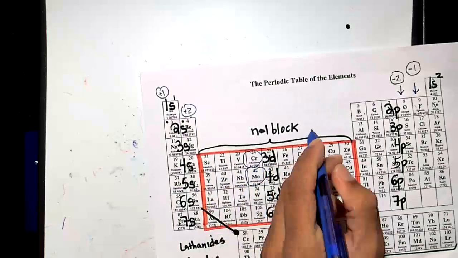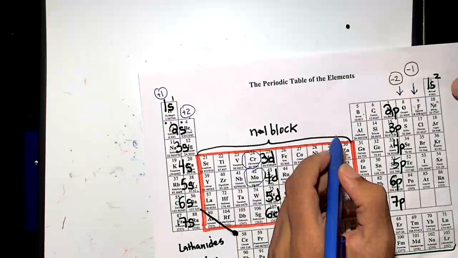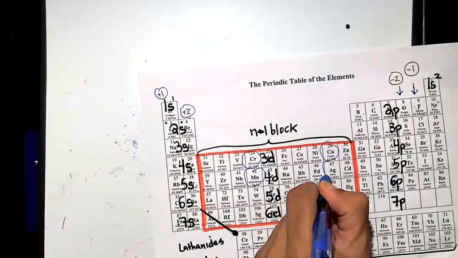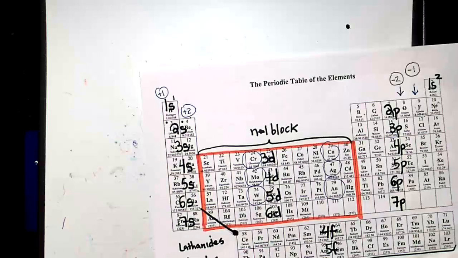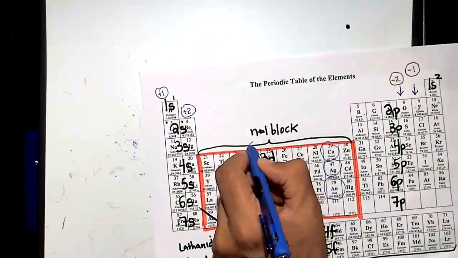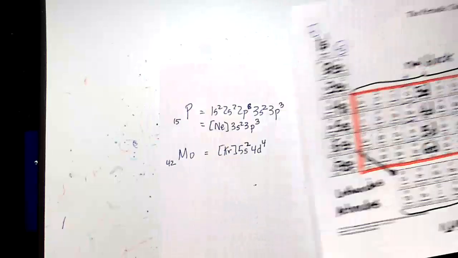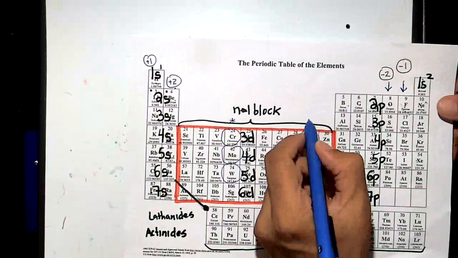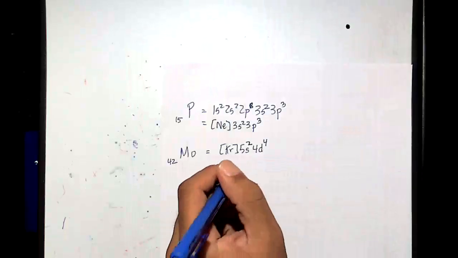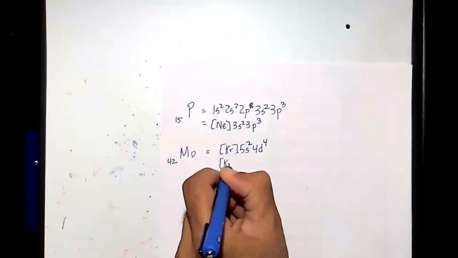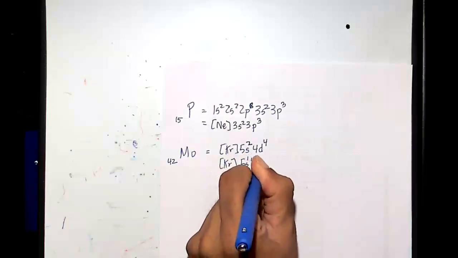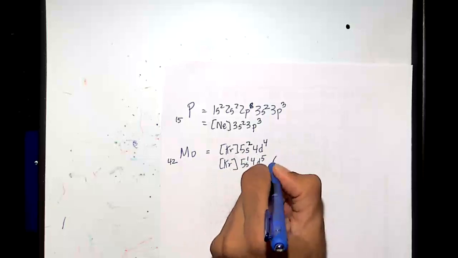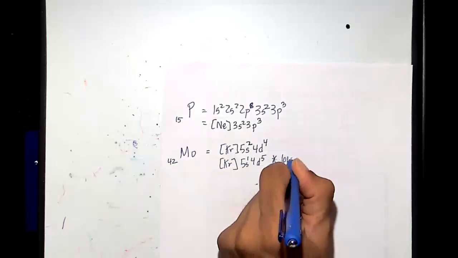So chromium and molybdenum, as well as copper and silver, have some exceptions. I'll go over that on Wednesday, but you can also say 5s1, 4d5 for that one, or 5s2, 4d4. So actually both of these are correct. Technically, 5s1, 4d5 is right because this is the lowest energy.